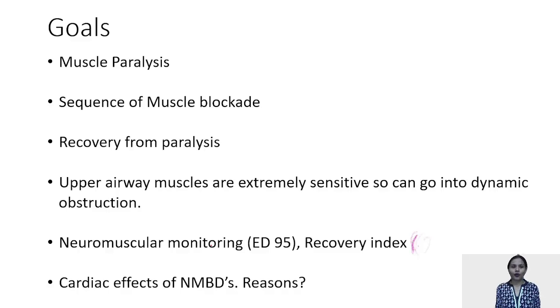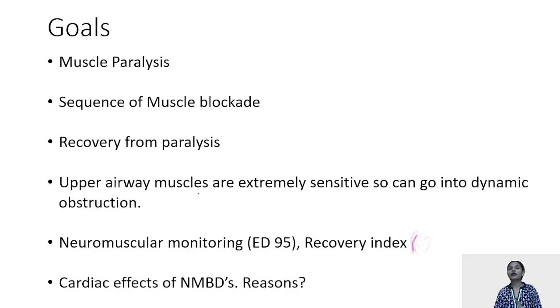Of course, muscle paralysis. When we talk about muscle paralysis, I just want to have a quick recapitulation of the sequence in which the muscles are blocked. Please always remember your central muscles and your peripheral muscles. Your central muscles include your pharyngeal, laryngeal, and diaphragm muscles, whereas your peripheral muscles include your limb muscles.